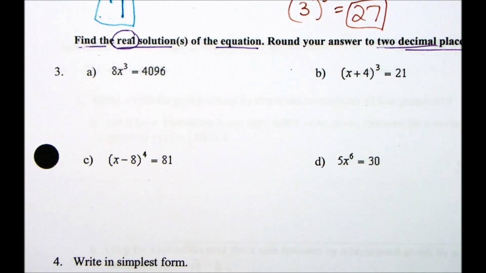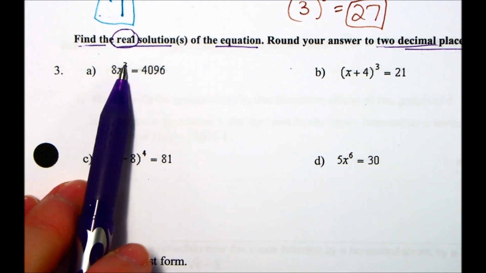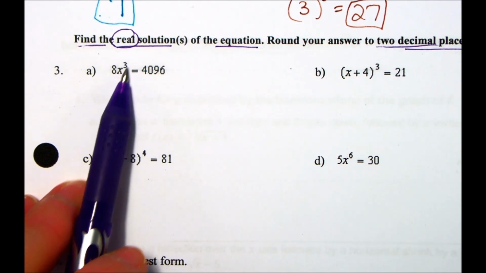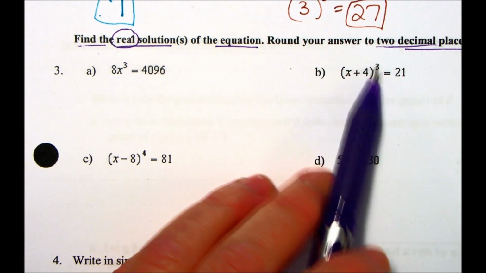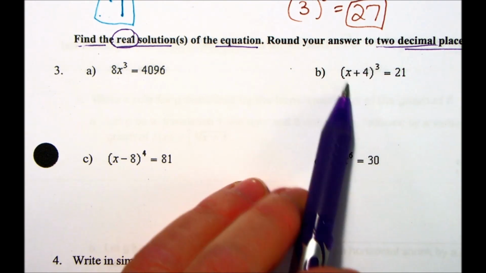Okay, so when you have these expressions or these equations and you have something to the third power, so your variable's here and it's to the third power, you want to get that expression, that x to the third power, isolated. Just like this one over here, whatever's being taken to the third power, which is this x plus 4, is isolated.